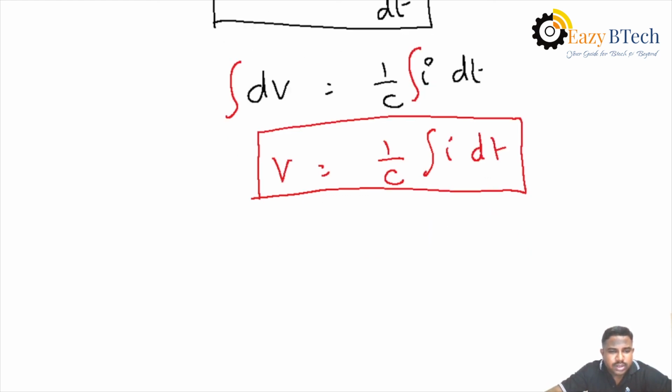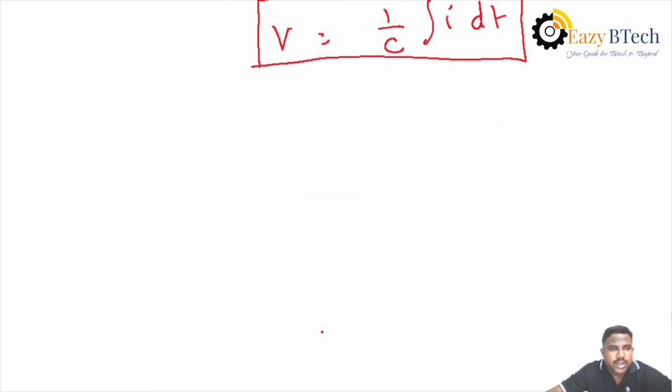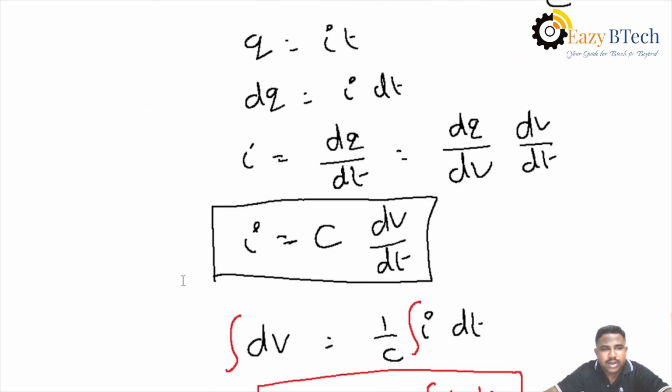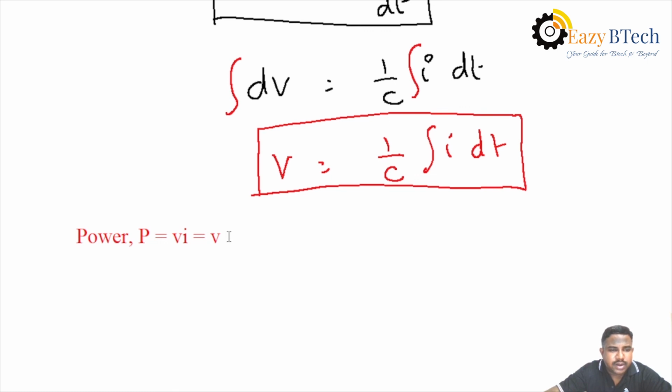After knowing the value of voltage and current, we can find out the power in the case of a capacitor, that is P equals V into I. What is the I value? From the above equation, I is C into dV by dt. So the power is V into C into dV by dt.